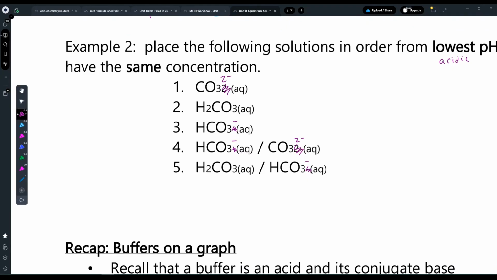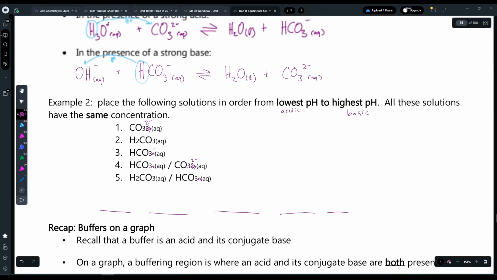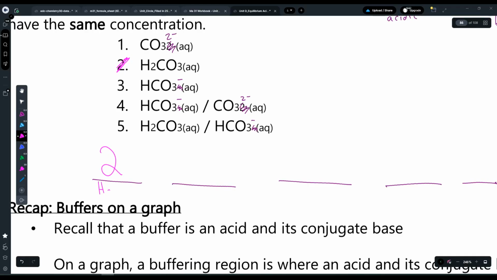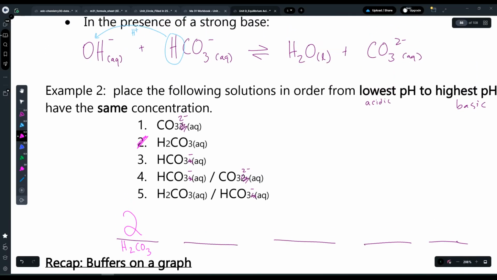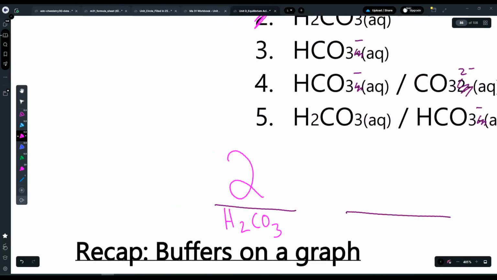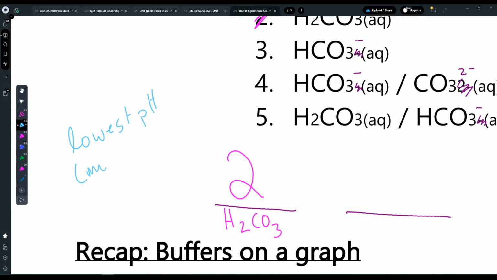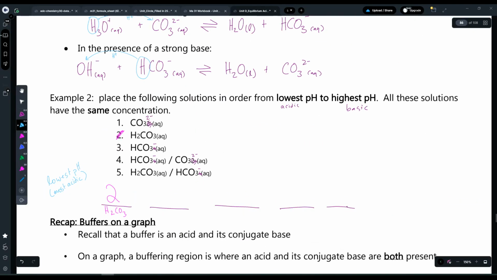Okay, so we'll just write little placeholders for our answers here, and I'm going to write 2 for carbonic acid. I'm going to write over here, lowest pH, so most acidic. Versus over here is going to be highest pH.